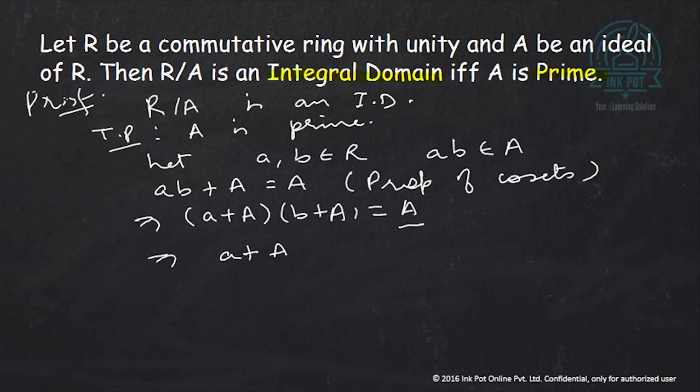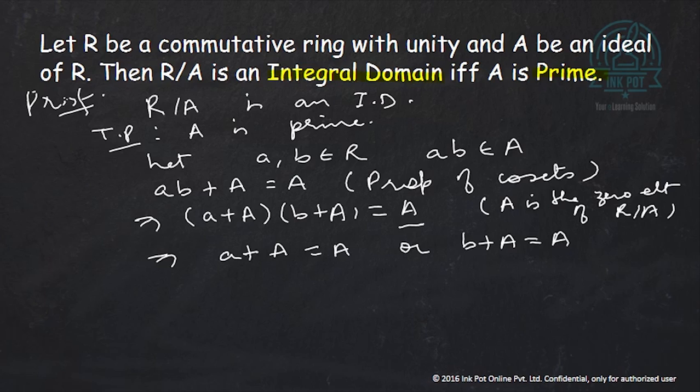So either a plus A equals the zero element of R by A, which is A, or b plus A equals A. Why? Because A is the zero element of R quotient A. This implies a belongs to A or b belongs to A, which was what we had to prove, and hence A is a prime ideal.